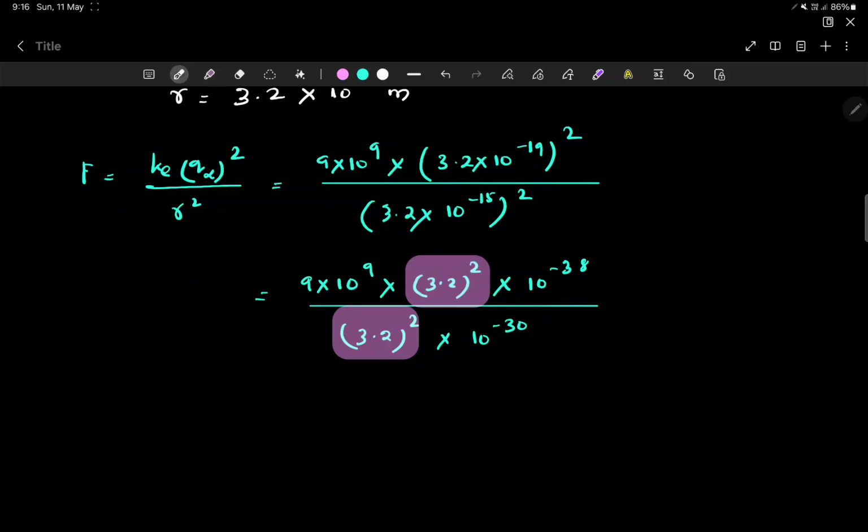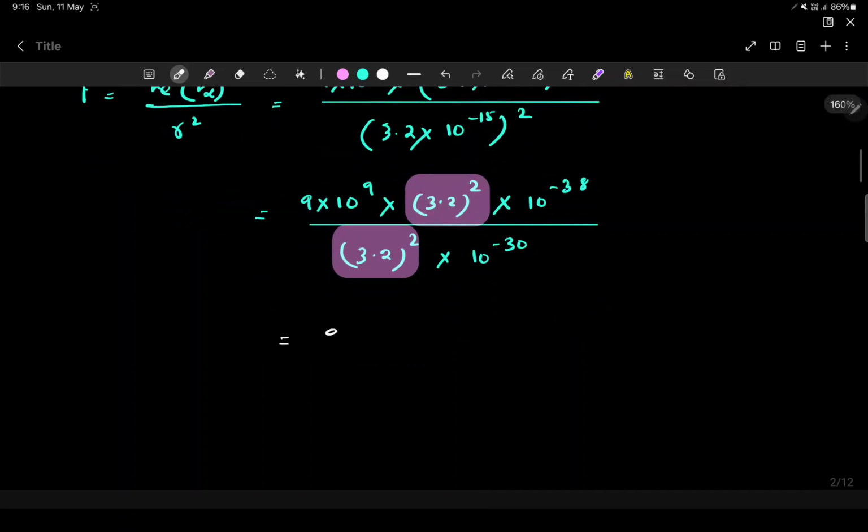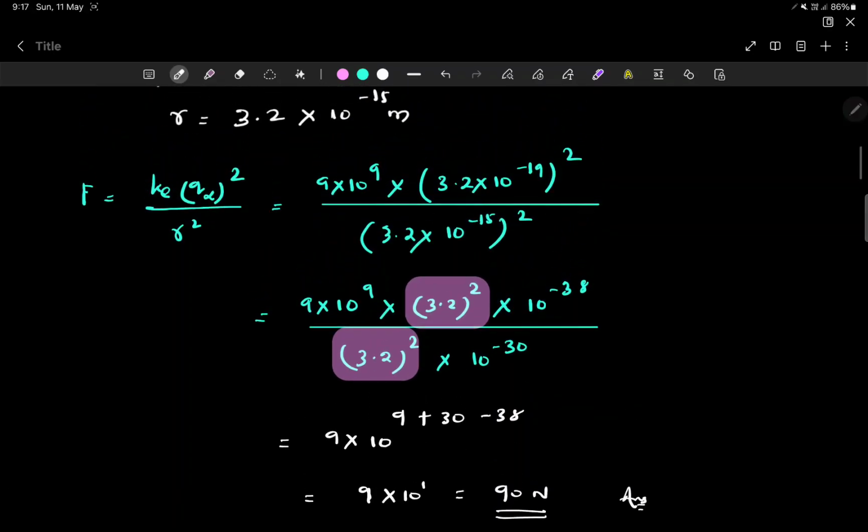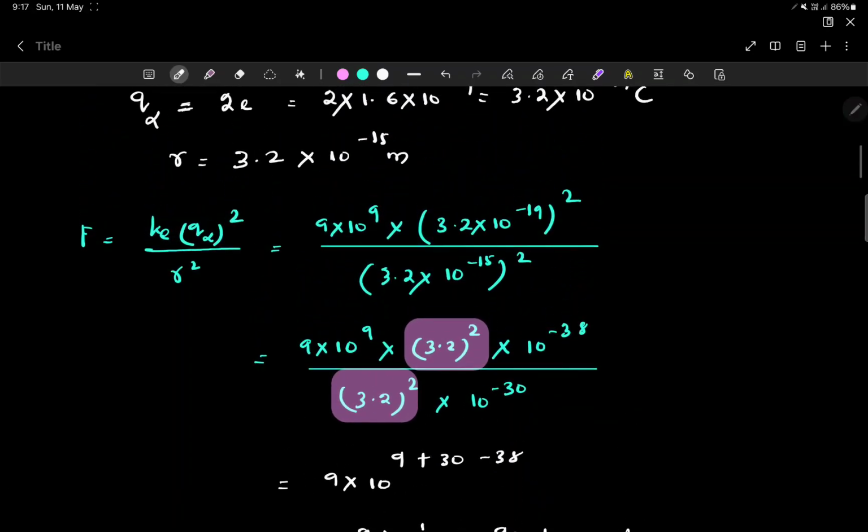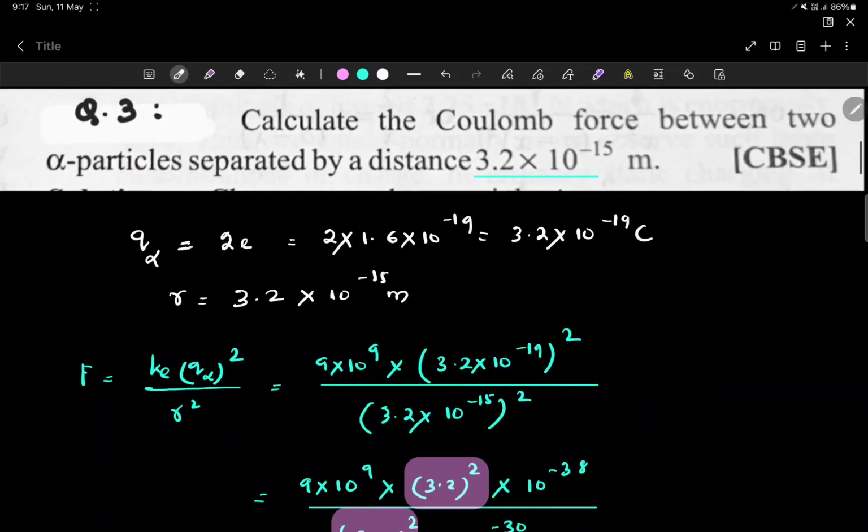Remaining, 9 into 10 to the power 9 plus 30 minus 38, that is 39 minus 38, is 10. So 9 into 10 to the power 1, that is 90 Newton, is the answer. As per the given question, 90 Newton is your answer. This is the answer of question number 3.